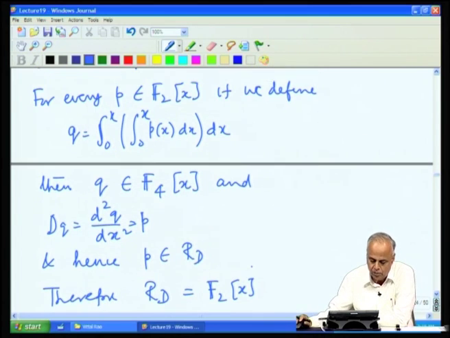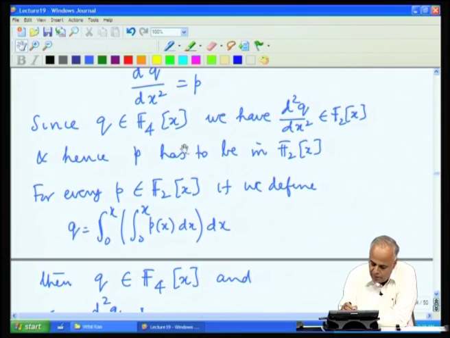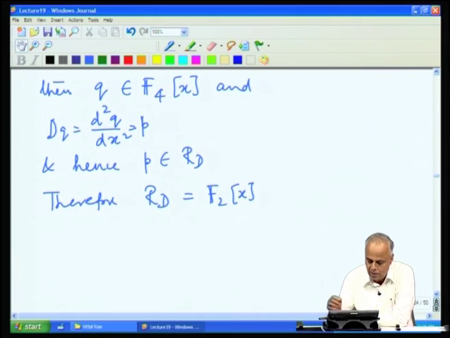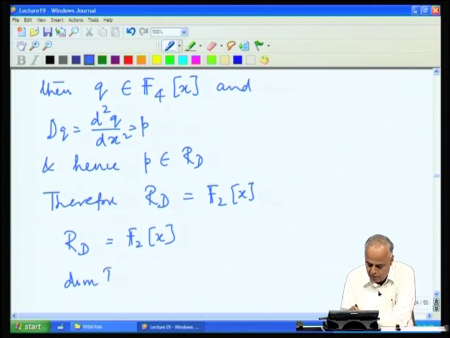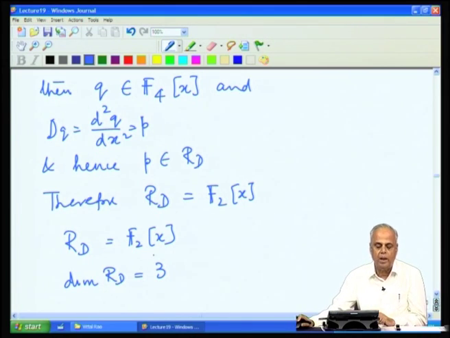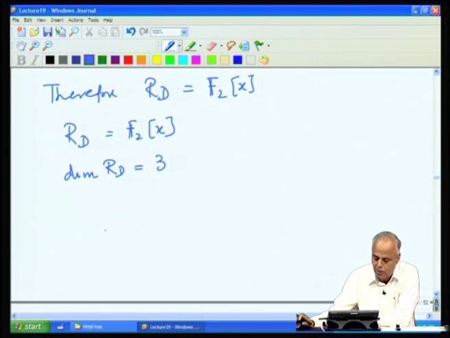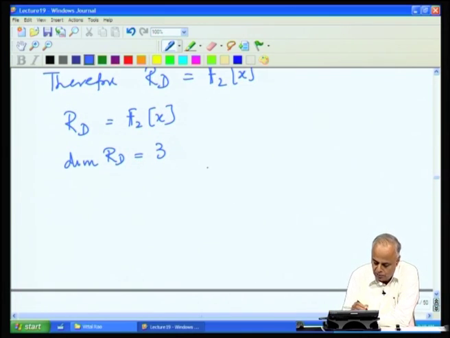What we have shown is, you take any vector in F2x, it is in the range, and previously we showed that if it has to be in the range, it has to be in F2x, and therefore, F2x is precisely the range of D. So, the range of D is F2x, and therefore, the dimension of R(D) is the dimension of F2x, which is 3, because 1, x, x squared form a basis for all polynomials whose degree is less than or equal to 2, and therefore, the rank of D is 3.